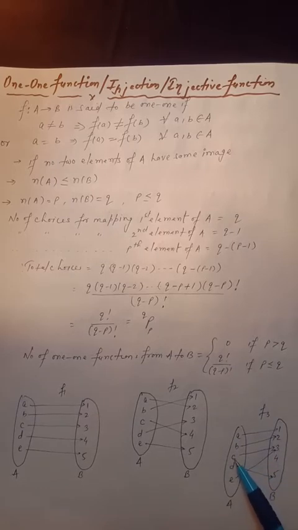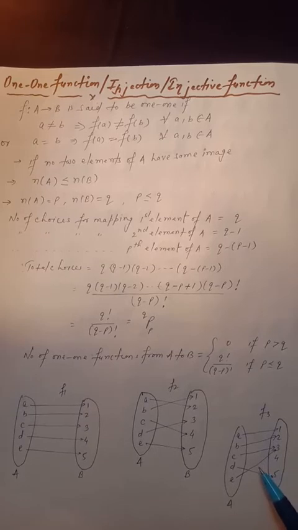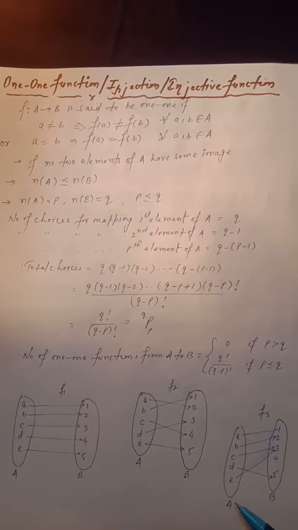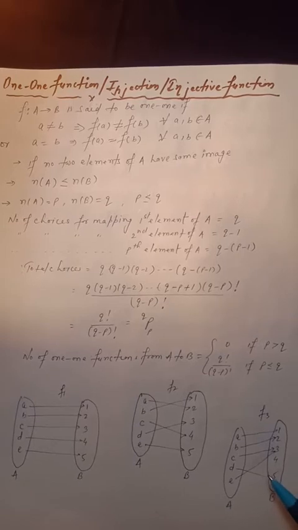So therefore different elements have same image, therefore this function is not one-one. So that's why when no two elements of A have same image, then the function is one-one. Otherwise, when the images are the same, then we will say that the function is many-one.